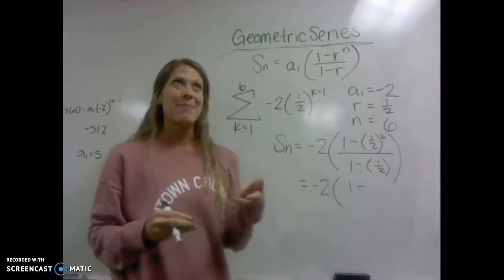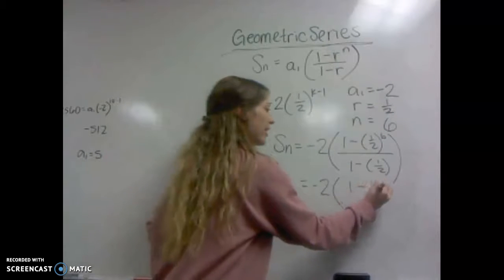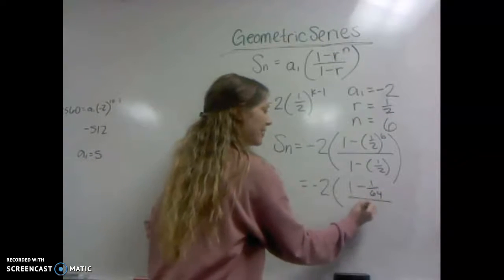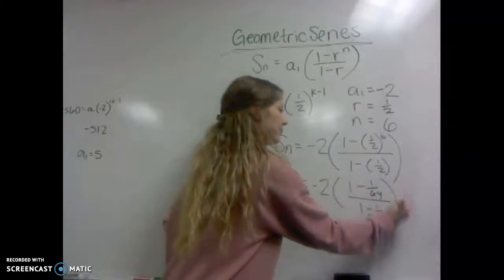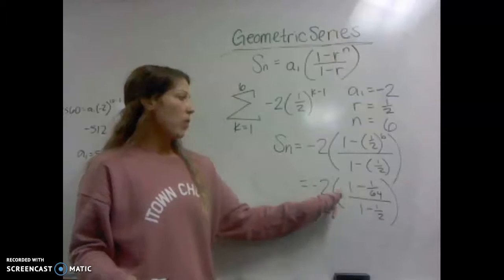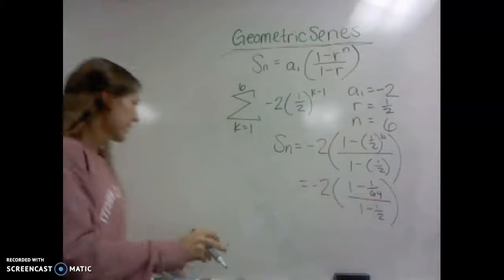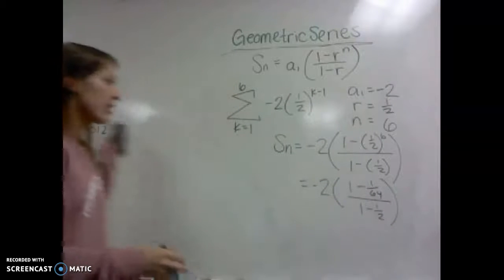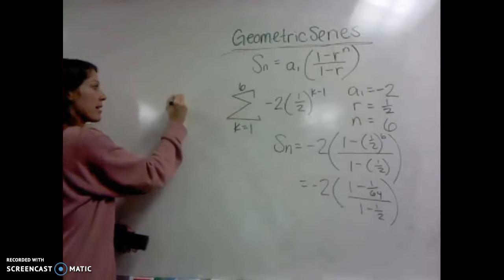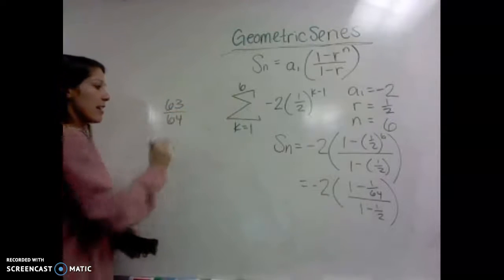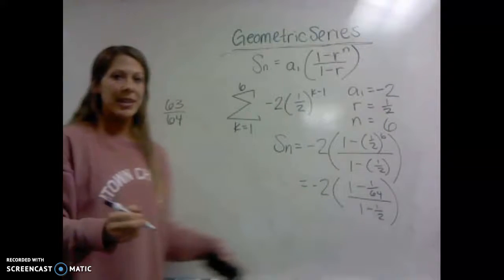Let's see, that would be 1 over 64 divided by 1 minus 1/2. So let's see, 1 minus 1/64, I'm going to need some space. That's just 63/64. Divided by 1 minus 1/2 is 1/2.